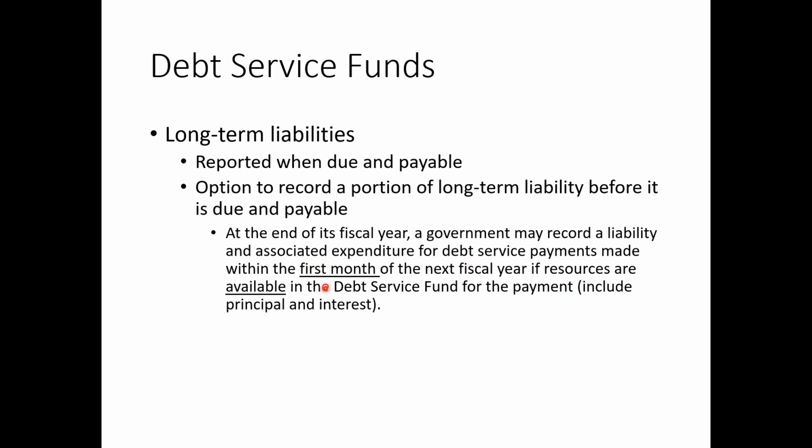If we have resources available, we may accrue a liability and record expenditures for the next month's payment, basically. The next month's principal and interest payment, only for the first month of the next fiscal year. That's it. So it can only accrue one month's interest and principal payment.